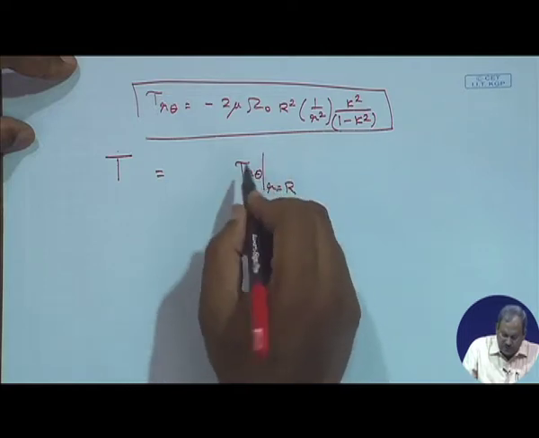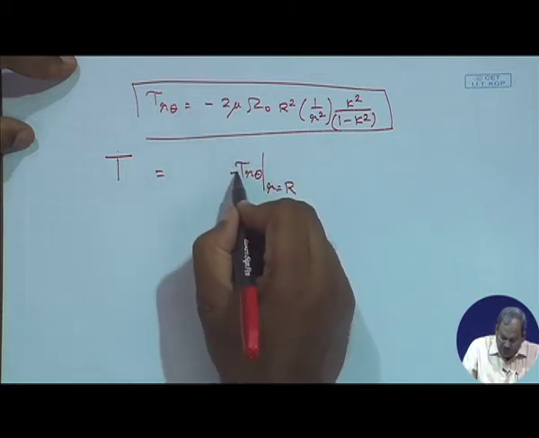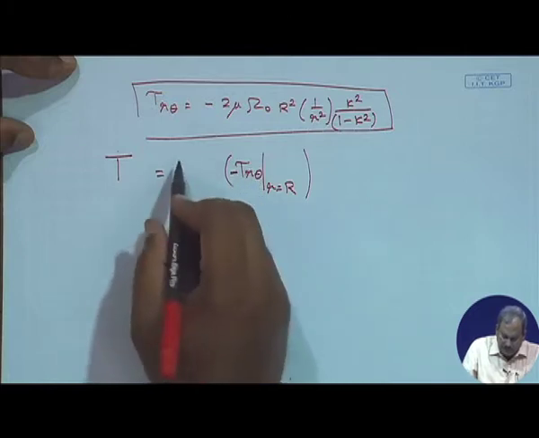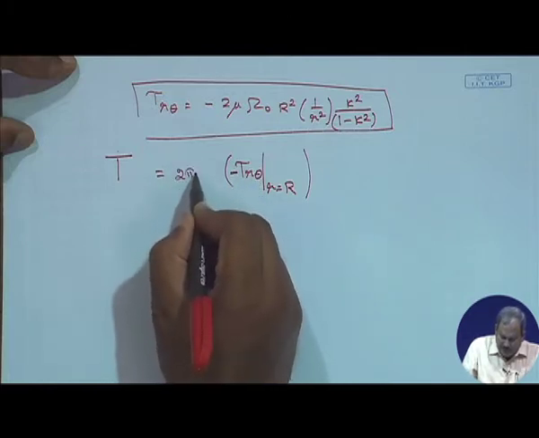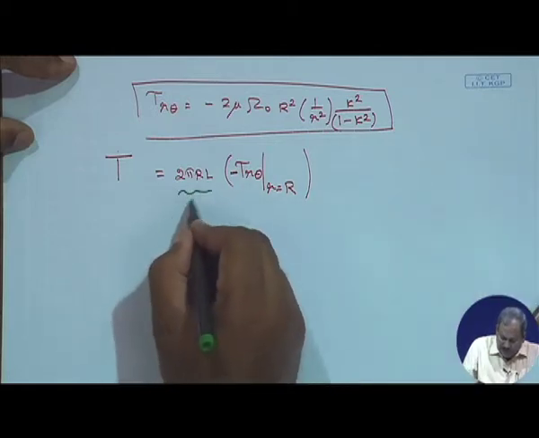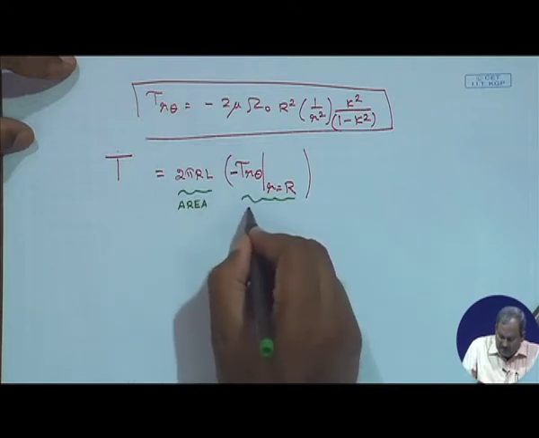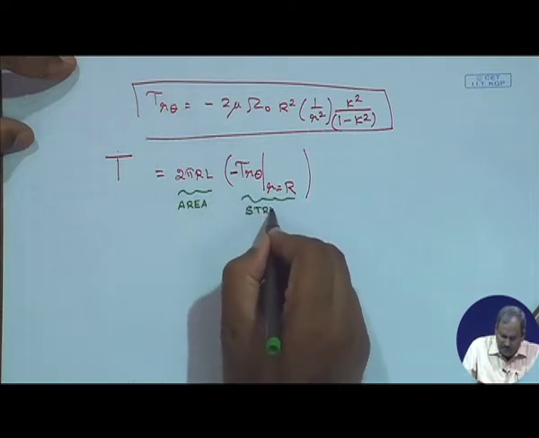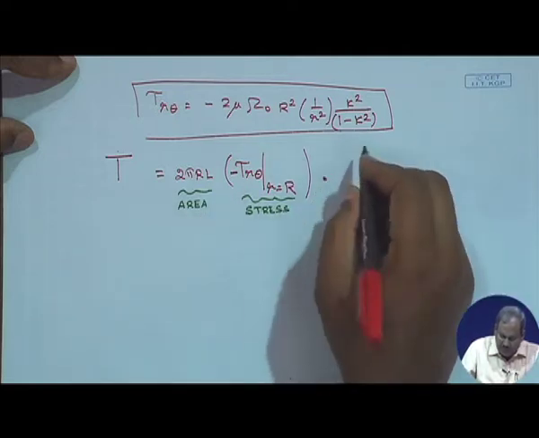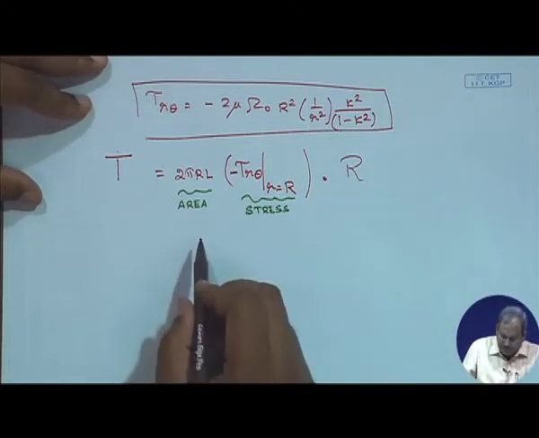Since this is on the fluid, on the shaft it would be minus tau r theta multiplied by the area, which is twice pi R L. So this is area, this is stress, and together it's force, which should be multiplied with the lever arm, which in this case is R.